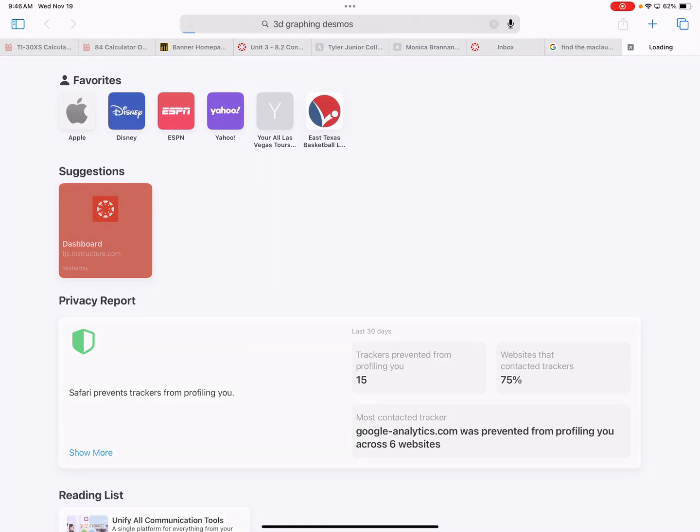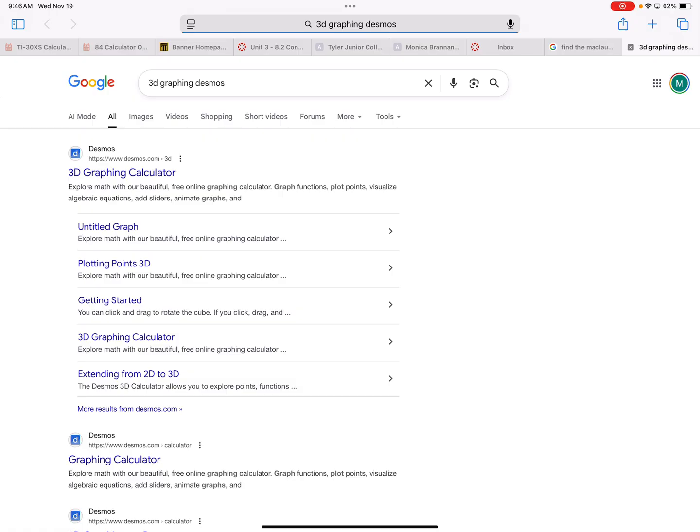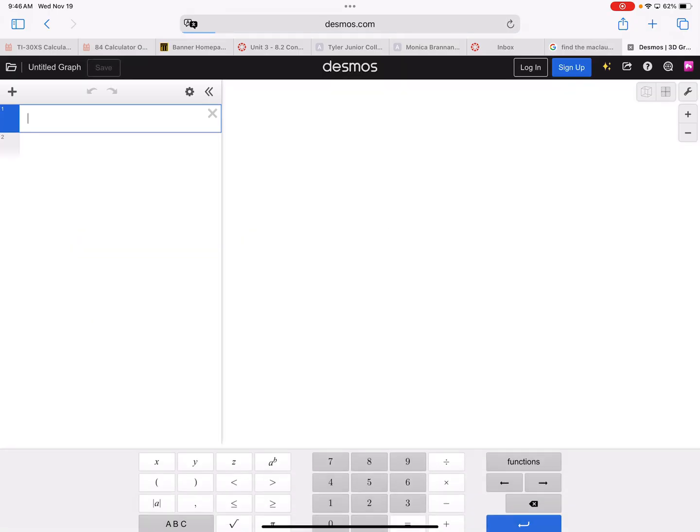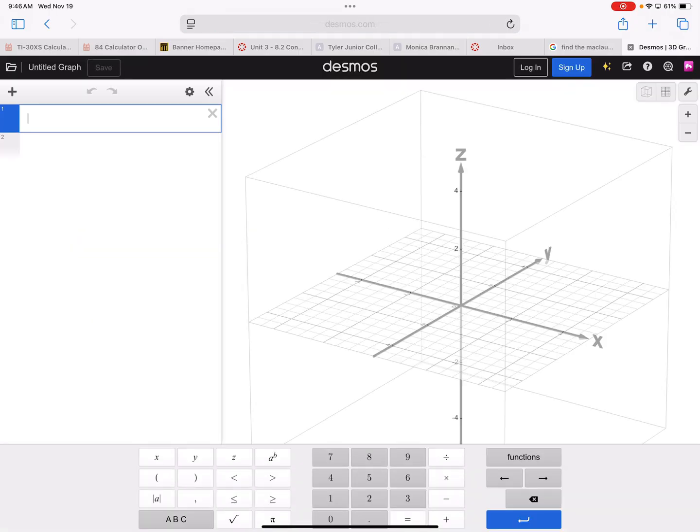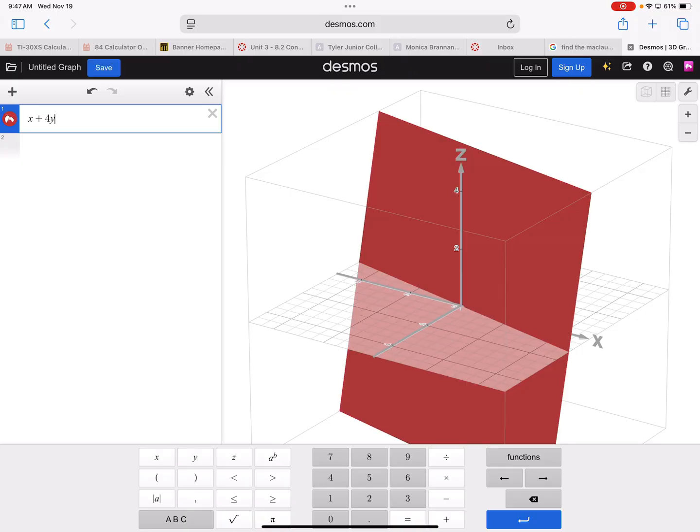Oh, there's a 3D graphing Desmos calculator. Yep, there he is. See your z? Okay, so we can check it out. Look here, guys. This is cool.